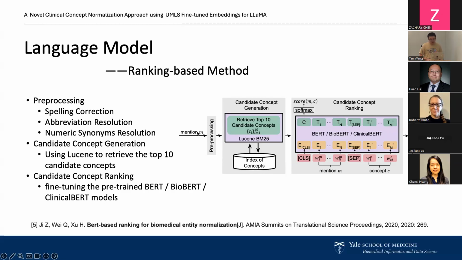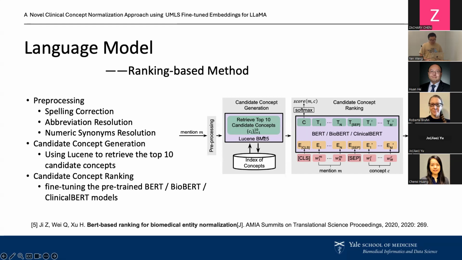Given an entity mention M and a knowledge base which consists of a set of UMLS concepts, this system preprocesses the input entity M and each concept in the knowledge base with strategies like spelling correction, abbreviation resolution, and so on.